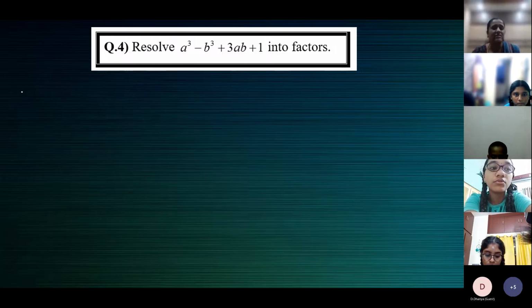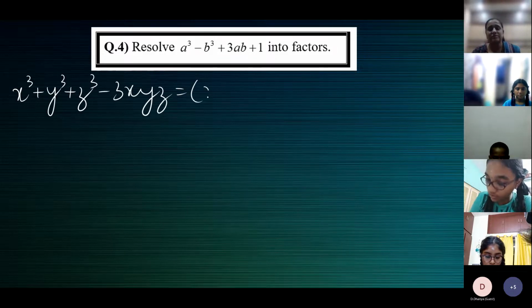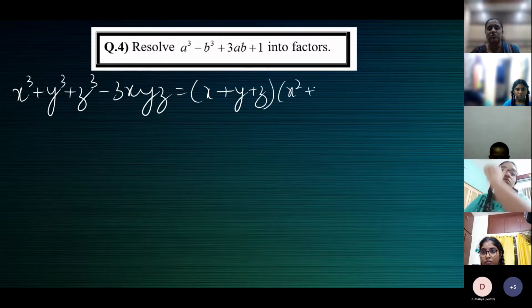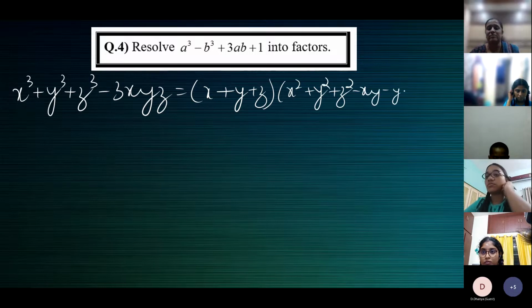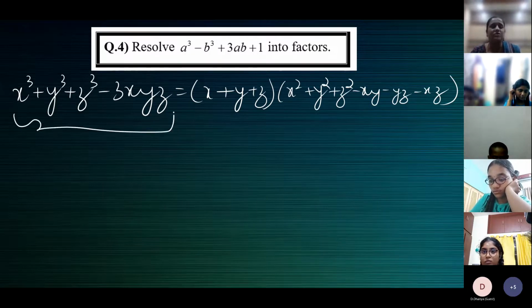X cubed plus y cubed plus z cubed minus 3xyz is equal to x plus y plus z into x square plus y square plus z square minus xy minus yz minus xz. This is the only identity which we know in our syllabus.